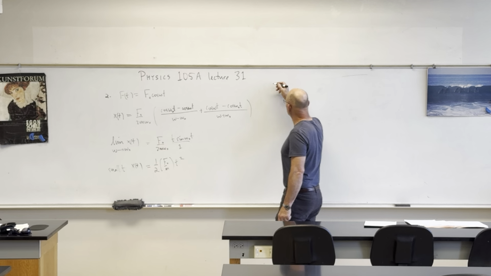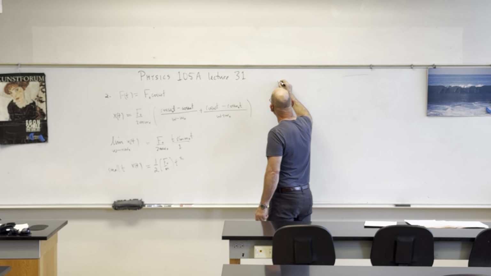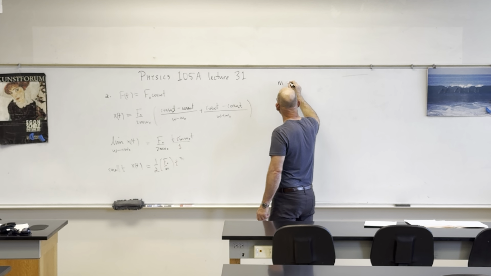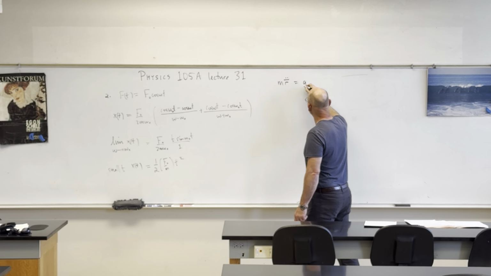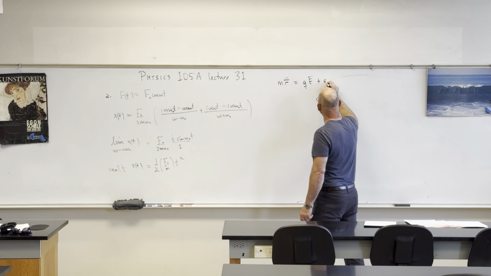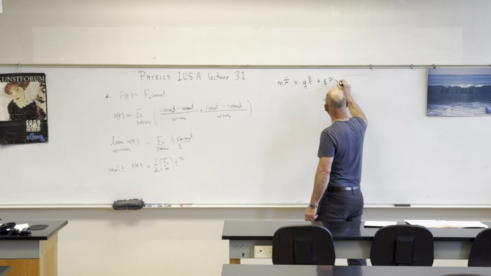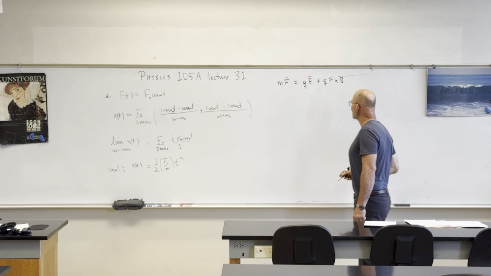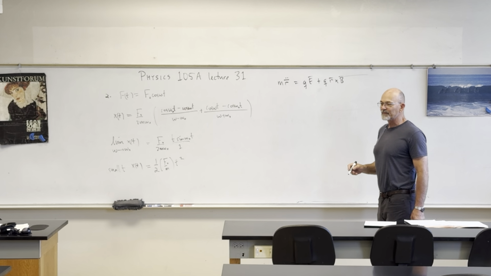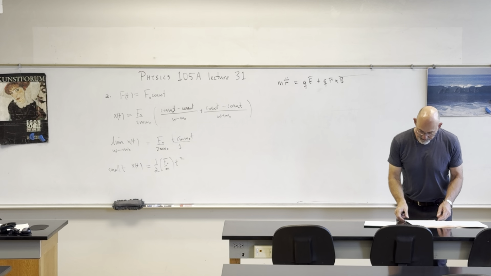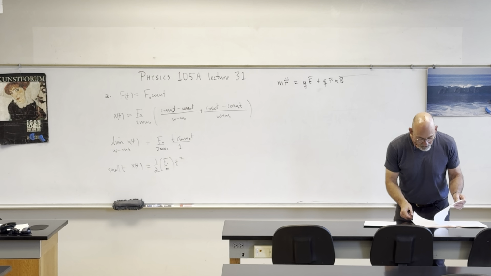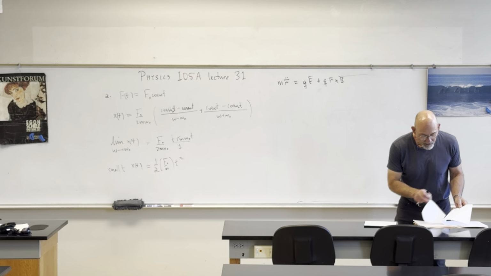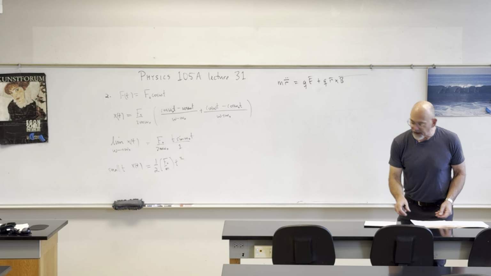We had m r double dot equals q E plus q v cross B, and this will be set up and took all the way. In fact, I better consult my sources on this one. Yeah.